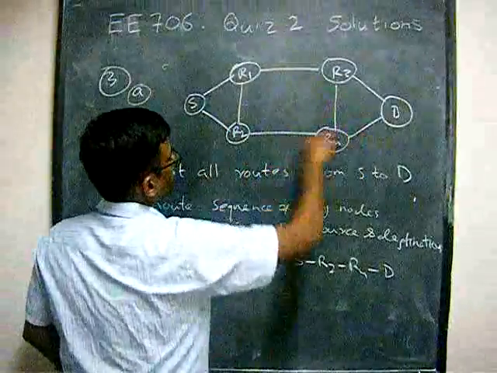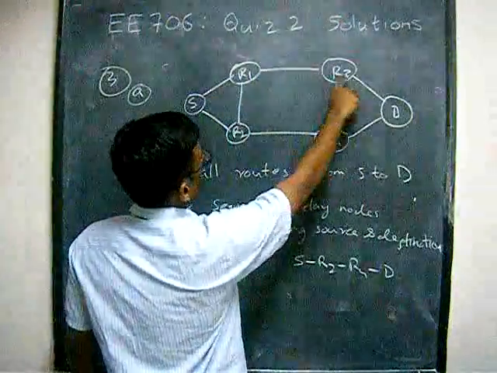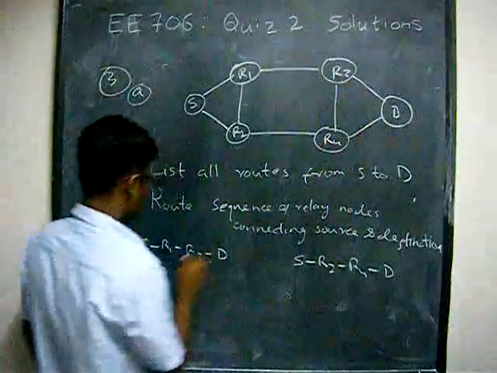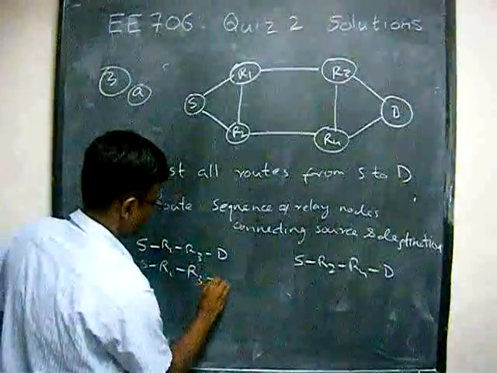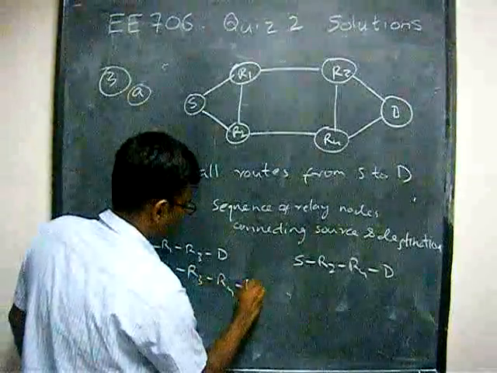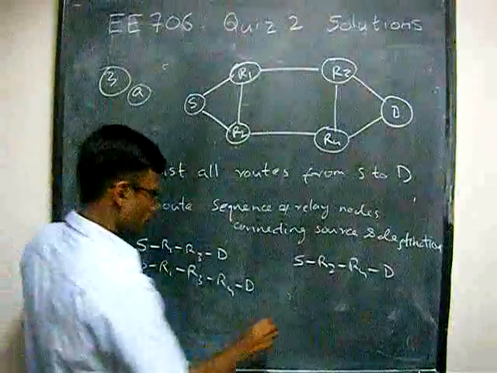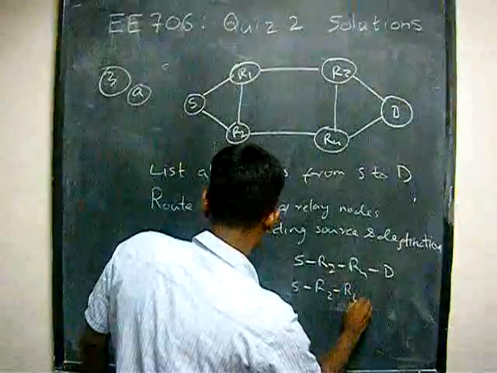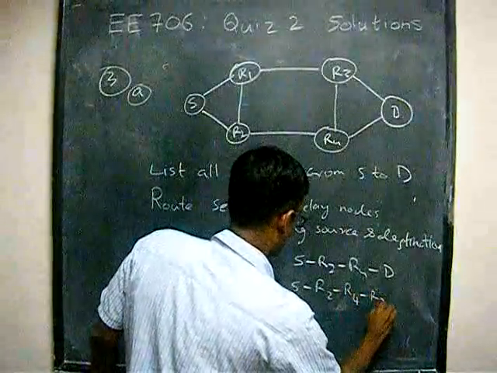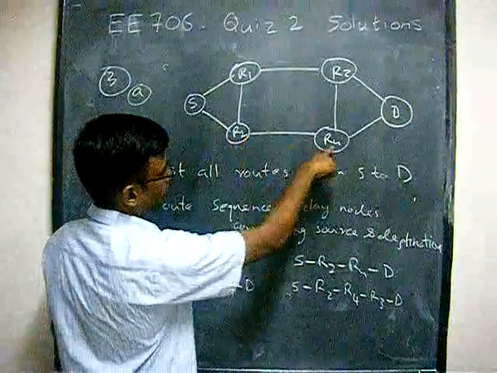So this was one route. Then the other route is, I could go S, R1, R3, R4, D. And then the corresponding thing would be just replacing: S, R2, R4, R3, D. You check if that makes sense.